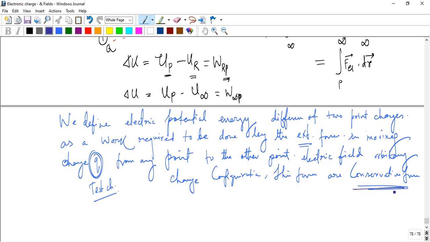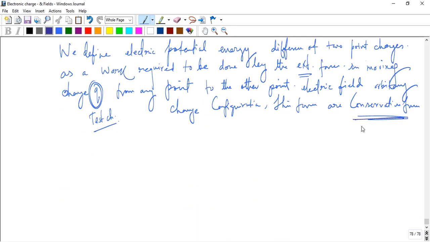Suppose there is a source charge, capital Q, and at some distance there is a small charge q, moving from an infinite region to a finite region, at distance r. The work done by this force is independent of path.